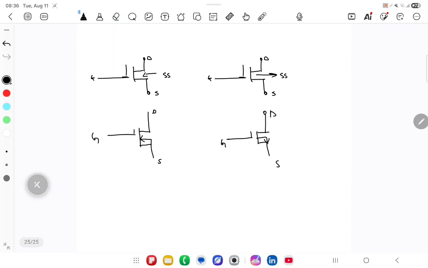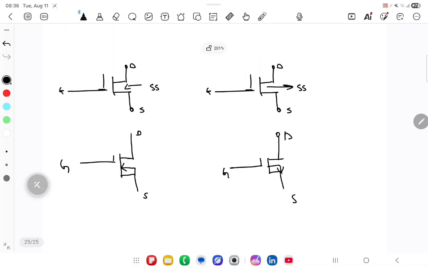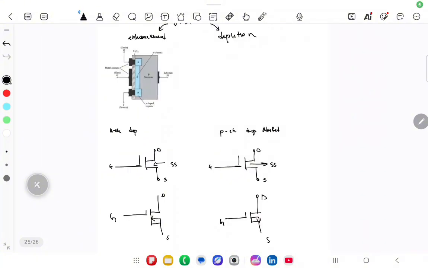So these four representations are what you will usually see in circuit analysis. The left column is the N-channel depletion MOSFET, whereas the right column is the P-channel depletion MOSFET. Also, please note that this particular figure is specific to the depletion type of MOSFET, not the enhancement one, okay? Sorry for the misunderstanding.